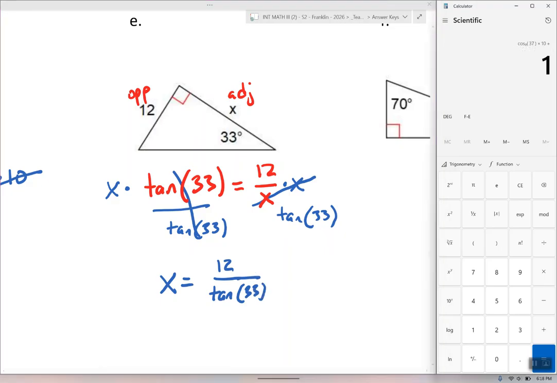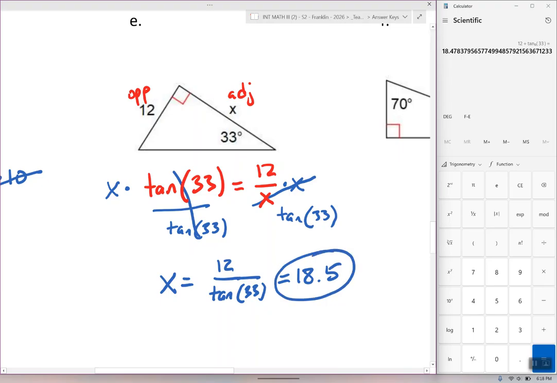Okay, so I'm going to say 12 divided by 33, and then I'm going to hit tangent, and then equals 18.5. So x equals 18.5 here. A little trickier, but when x is on the bottom like this, you really can just switch the x and the tangent or whatever the function is, and then you'll just be able to divide it out.